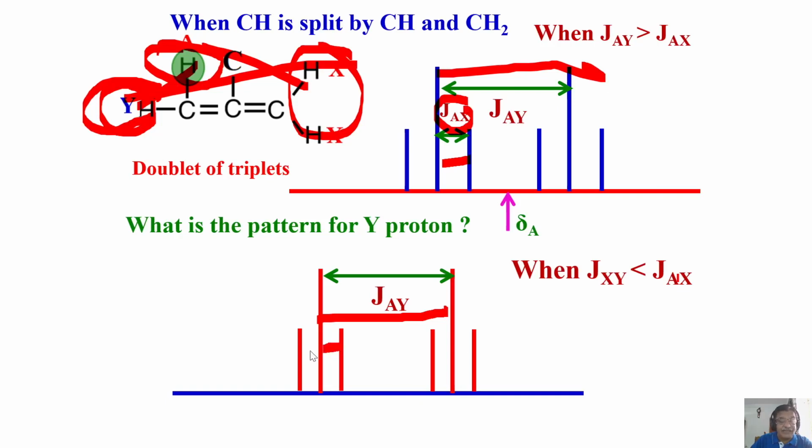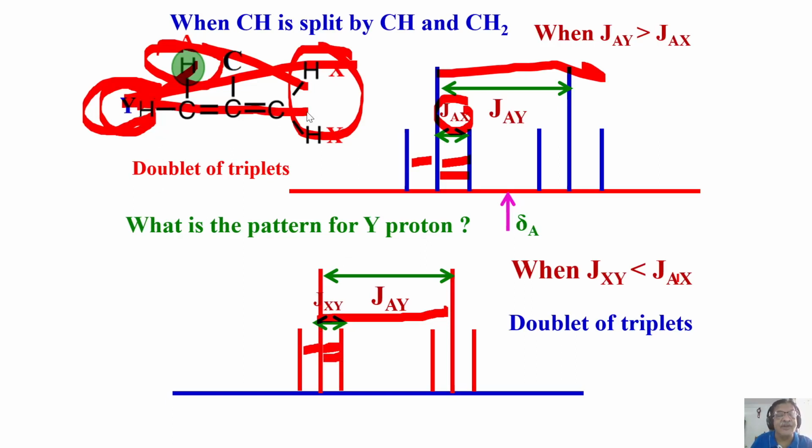Only thing is, these lines are close by because this coupling is smaller. But what do you call this pattern? This is also a doublet of triplets. Only thing is, here the triplet separation is larger because this coupling is more. Here the triplet separation is smaller because this coupling is small. But the pattern is called a doublet of triplets.